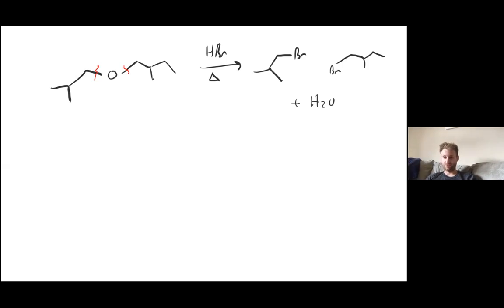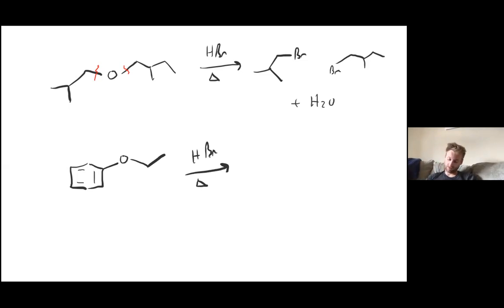If we start having sp2 centers on one side, for instance, this benzyl alkyl ether or phenylethyl ether, if we add an HBr and heat, this is going to change things just a little bit.